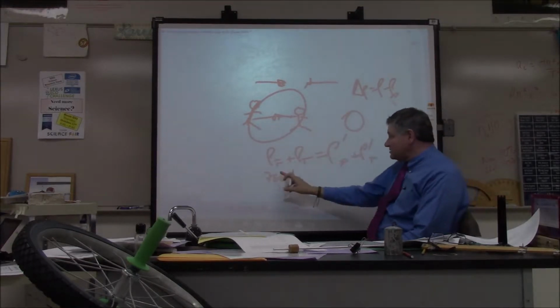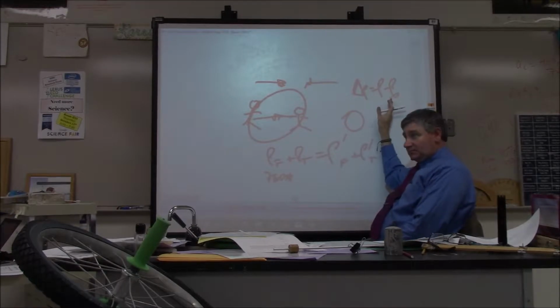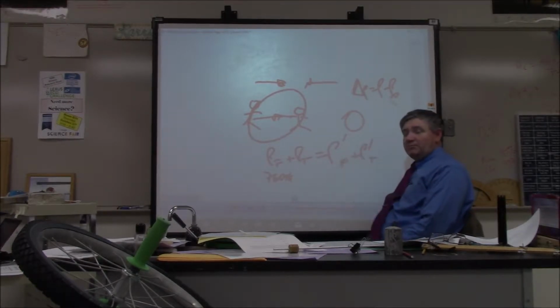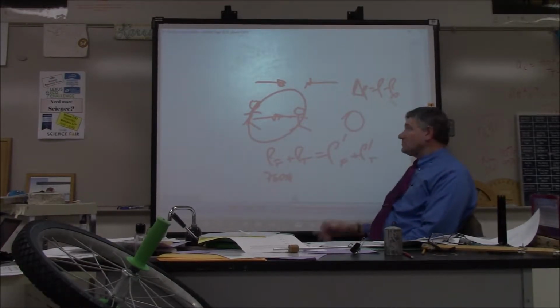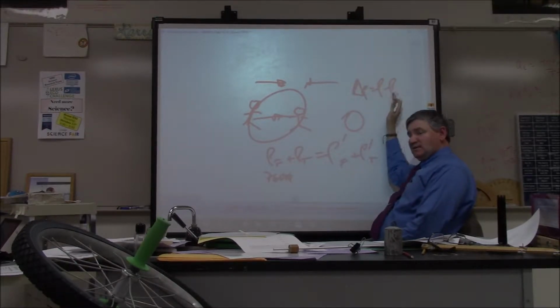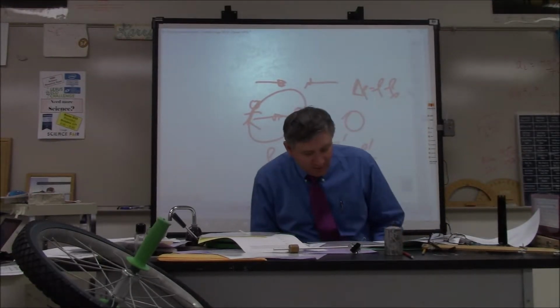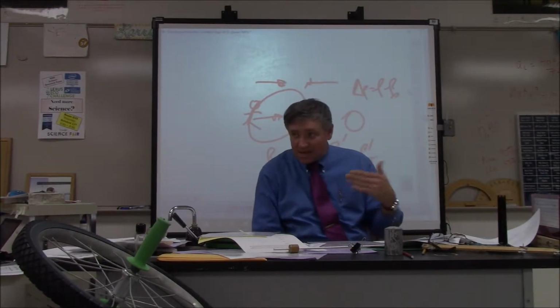So this 760 and the negative 760 are these numbers. What's the final momentum of both of them? 0. So it's going to be 0 minus 760 and 0 minus a negative 760. So on number 2, you should have a lot of the same answers, just with different signs.